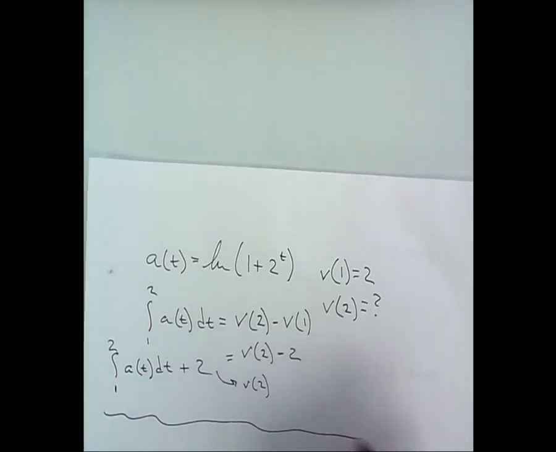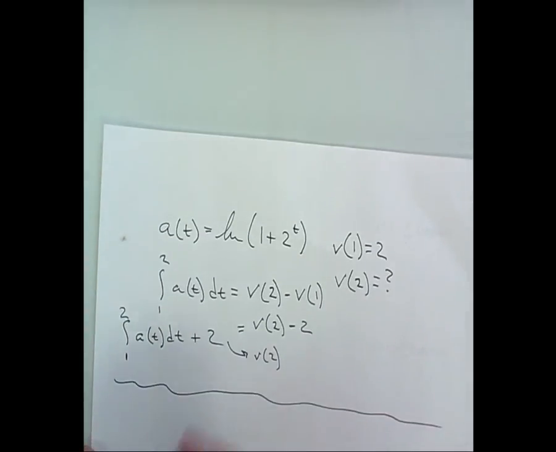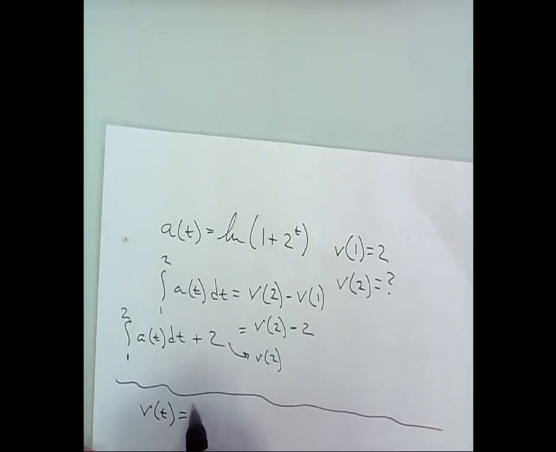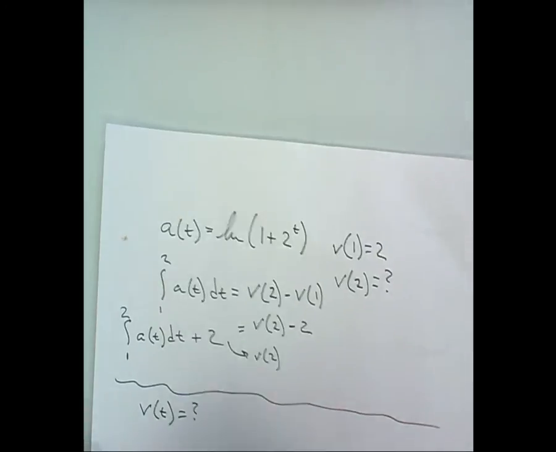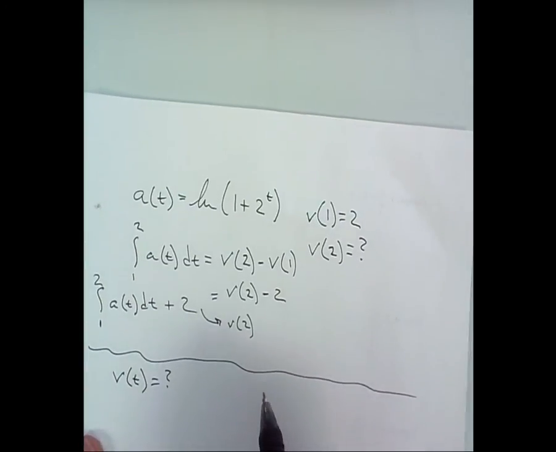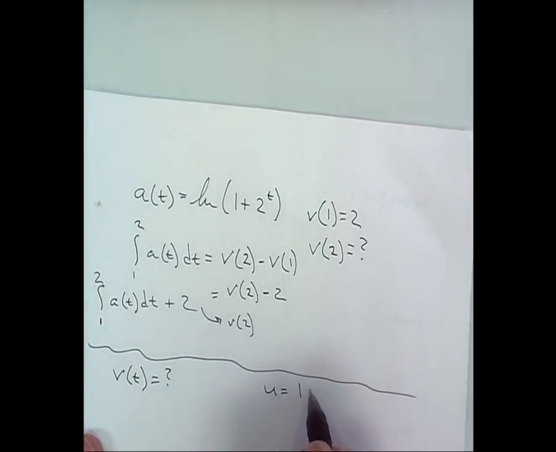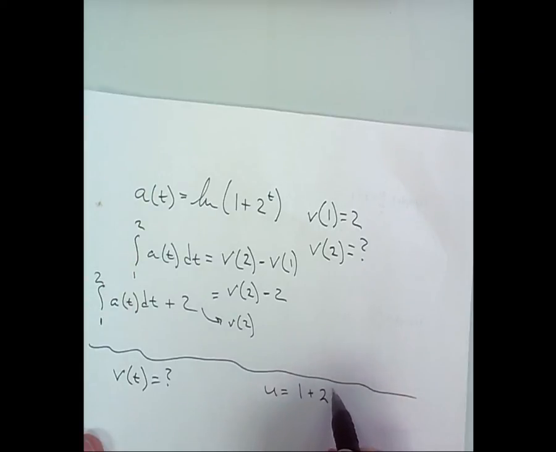In other words, can we figure out what v of t is? And so what I did is this. I said, let u be 1 plus 2 to the t. And so what I'm going to do is find the antiderivative of this.